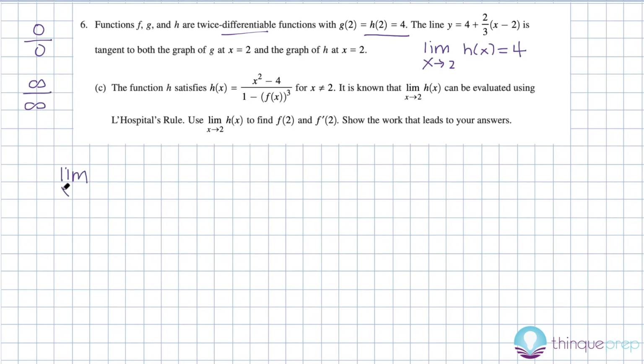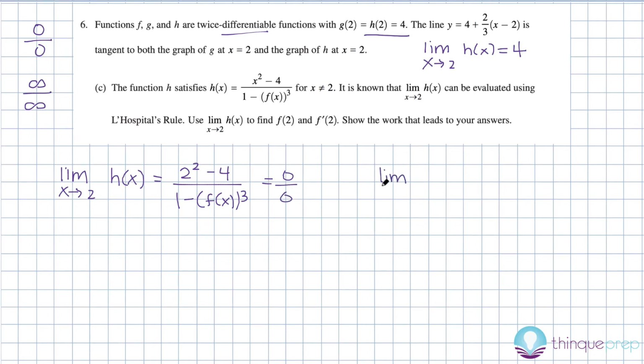So the limit as x approaches 2 of h of x is equal to 2 squared minus 4. We're doing direct substitution. And look at that. The top is approaching 0, right? So then we can safely assume that the bottom is approaching 0 as well. So then how do we show our work?